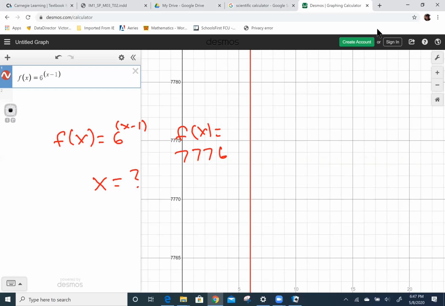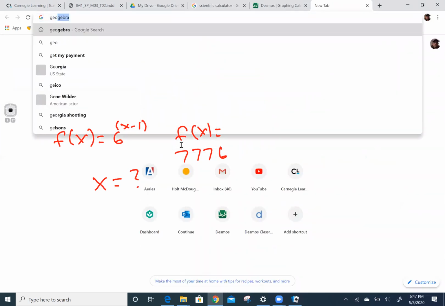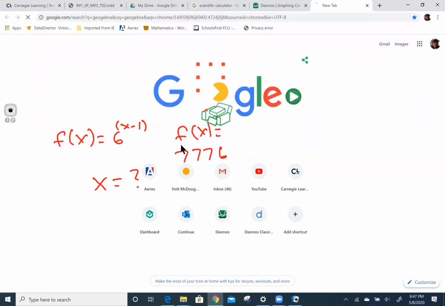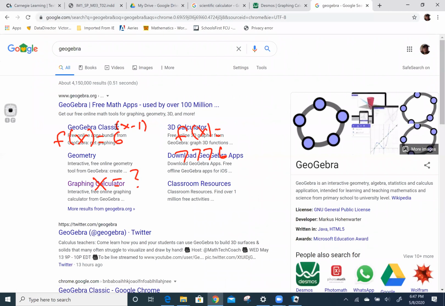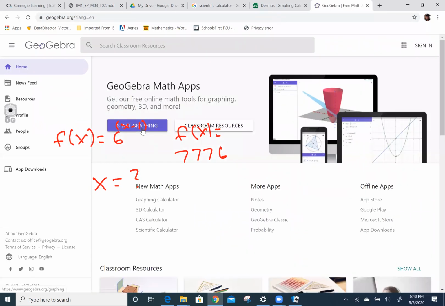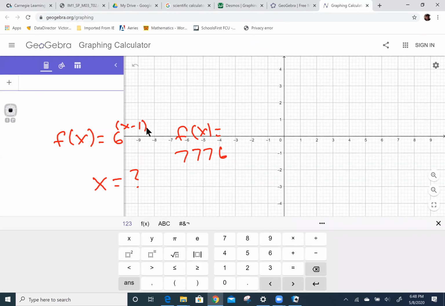So the other one is GeoGebra, okay? So Geo and then Gebra. I'm going to go to that one and use their graphing. Like I say, for some reason, Desmos is just not letting me click on that.